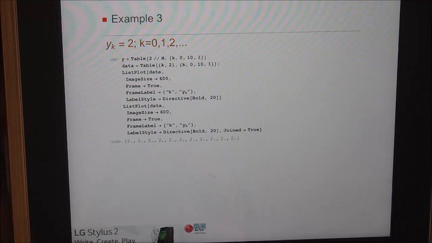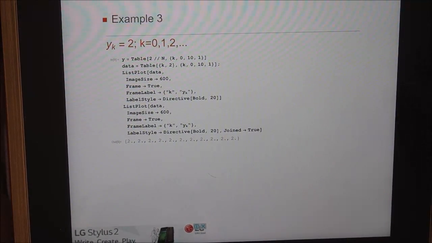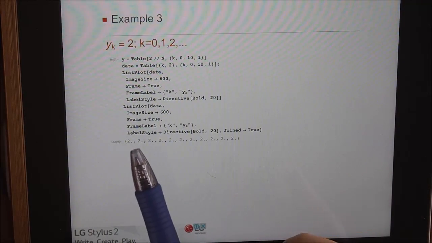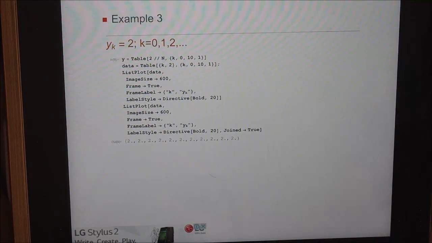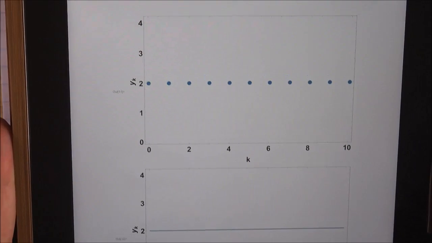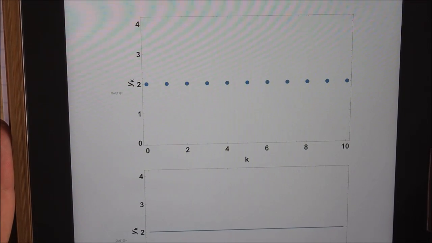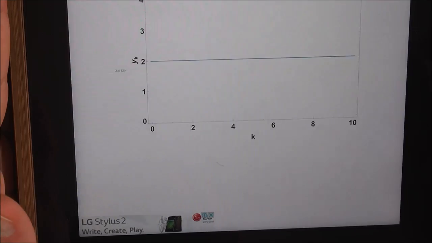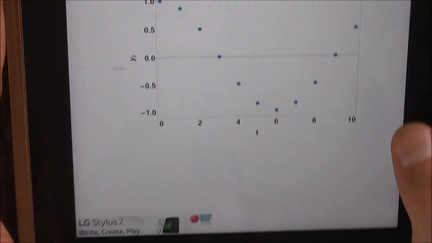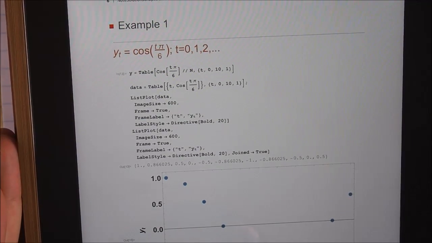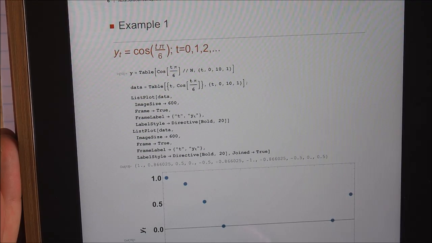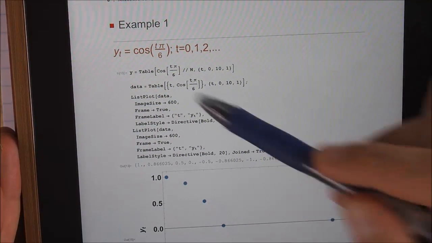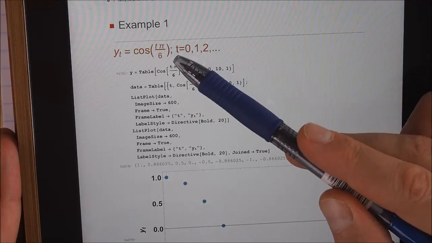Okay, so example 3, y_k equals 2, so it's a constant function. You can see here the solutions for k equal 0, 1, 2, 3 are all just 2, and it looks exactly as you expect. It's just 2 for all values, and if we connect the dots, it looks like this. And then finally, if our y of t is cos, it's basically a discrete cos function.